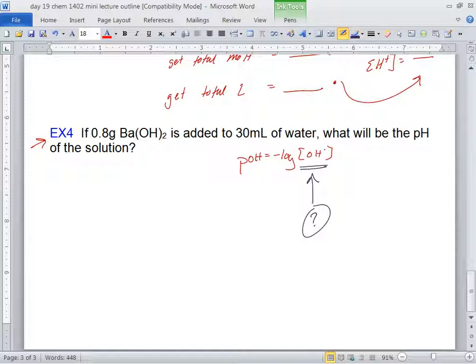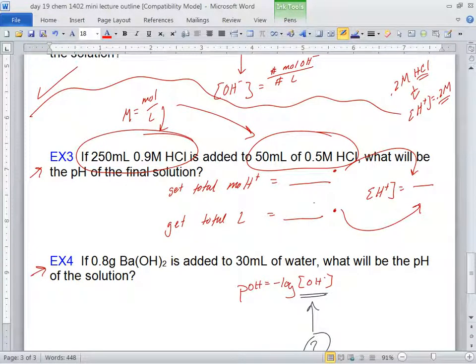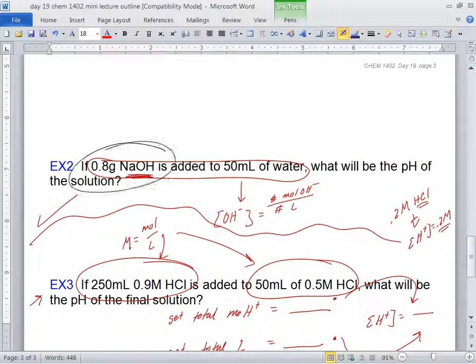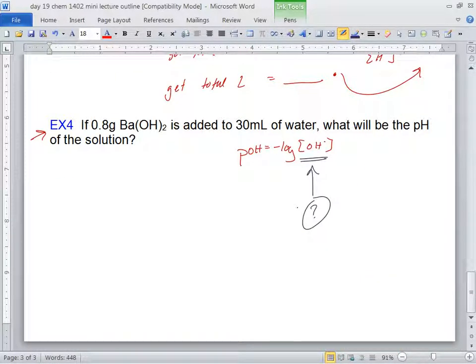Now before we had this guy, right? And you guys saw, I think, how to go from this to get moles of hydroxide. You have to use molar mass. Wouldn't it be the same story here? Except you got two OHs.